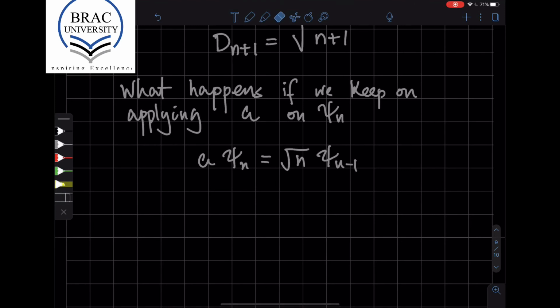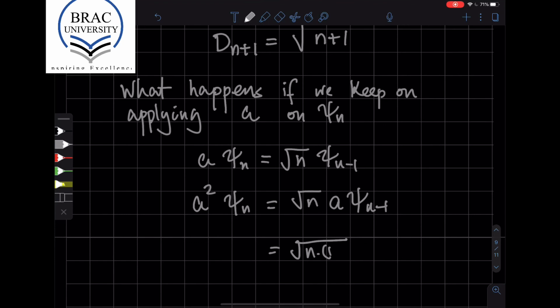Now if I apply a twice, I get square root of n times a acting on psi n minus 1, which will be n times n minus 1 inside the square root, times psi n minus 2.